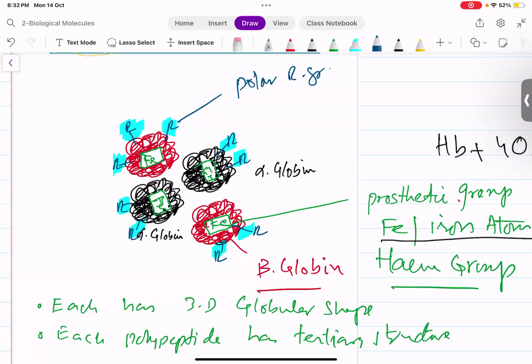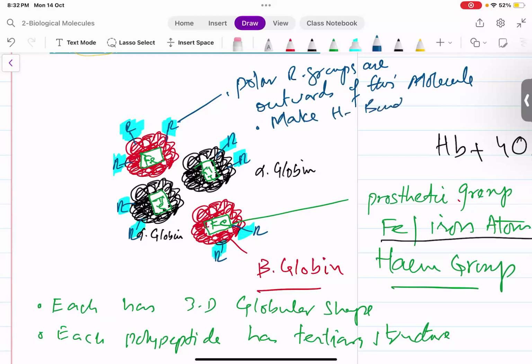Polar R groups are outwards of this molecule, and they make hydrogen bonding with the water. This results in the hemoglobin molecule becoming water soluble, and this also folds it into a 3D globular shape. So that is the quaternary structure, as there is more than one polypeptide. That's why it is called quaternary structure.